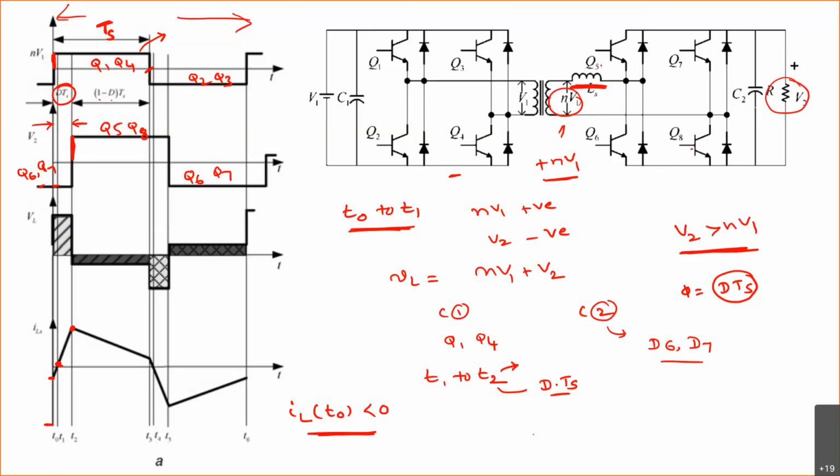So in converter 1, which switches are conducting here? Again, Q1, Q4 are conducting, right?